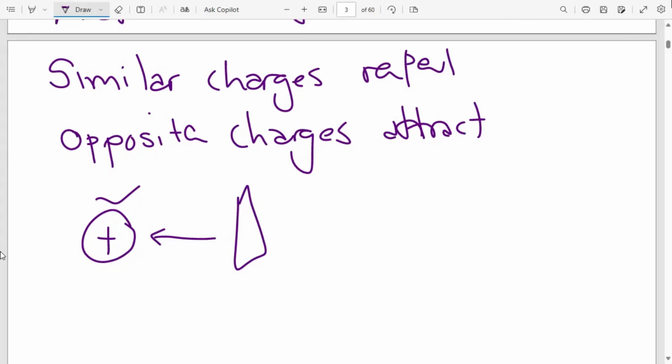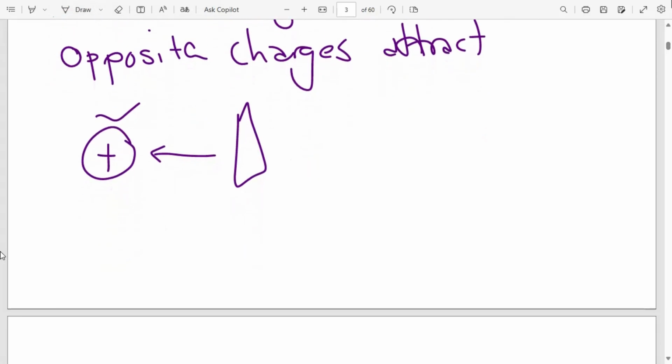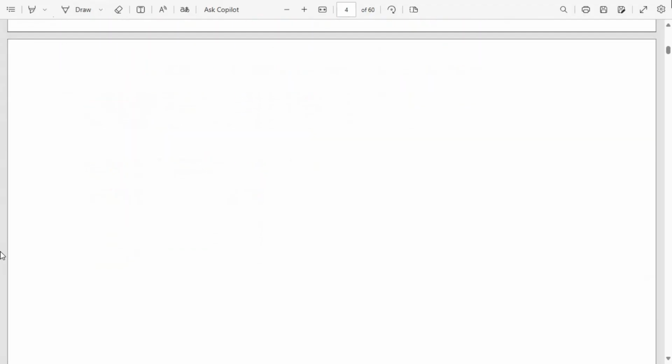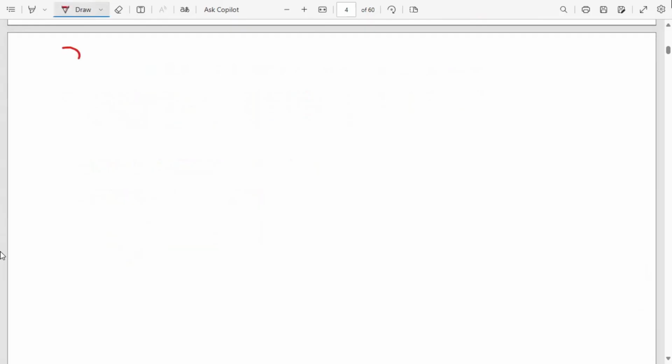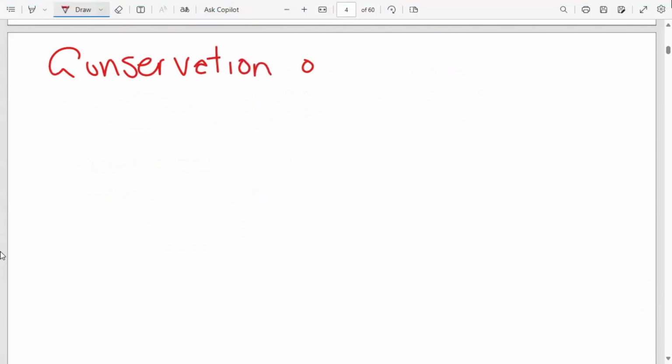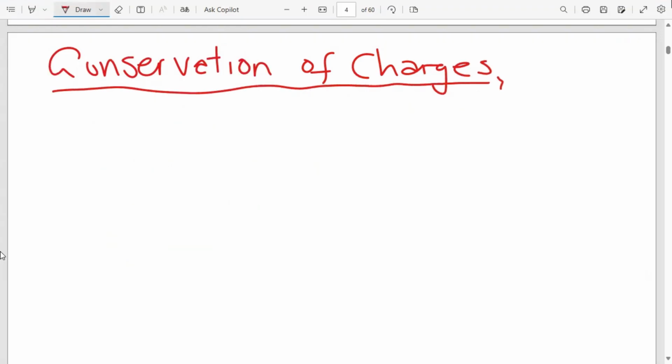But just like energy, I would love us to also understand that charges also get conserved using what we call the conservation of charges. What do I basically mean when I say the conservation of charges?